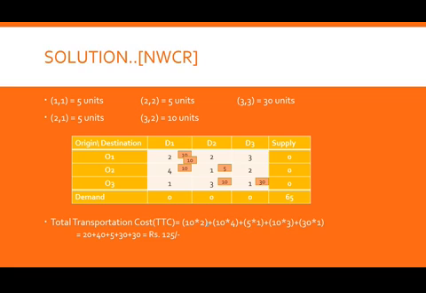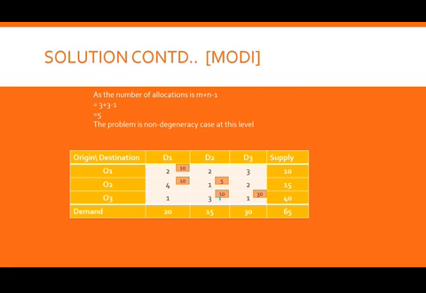So 10 into 2 is 20, 10 into 4 is 40, 5 into 1 is 5, 10 into 3 is 30, 30 into 1 is 30. So when you add up all this, 20 plus 40, 60, 60 plus 5, 65, 65 plus 30, 95, 95 plus 30, 125. So the TTC is 125 for the IBFS.